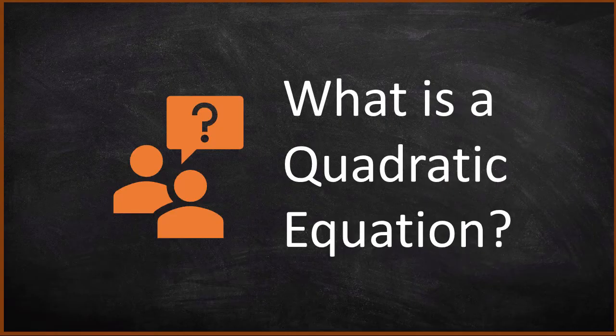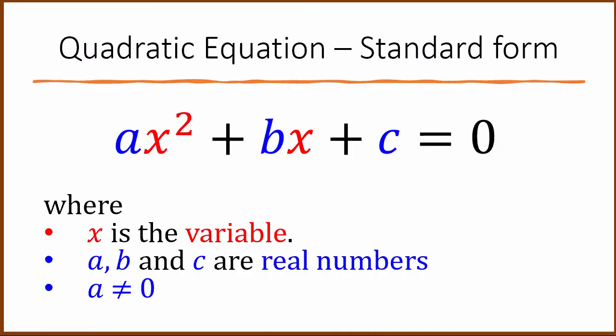First, we will look at what a quadratic equation is. A quadratic equation, especially in the standard form, is an equation like ax squared plus bx plus c equals 0, where x is the variable, in the sense that it's the unknown. We don't know the value of x.